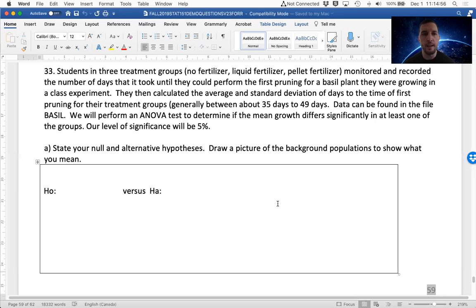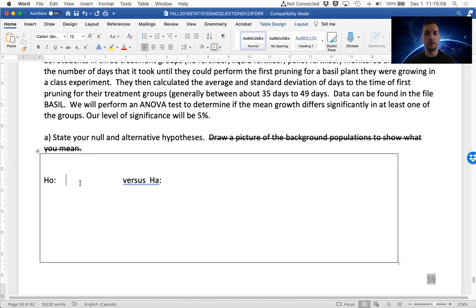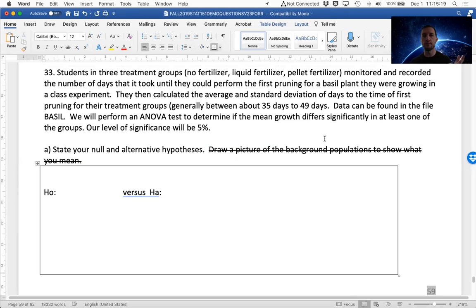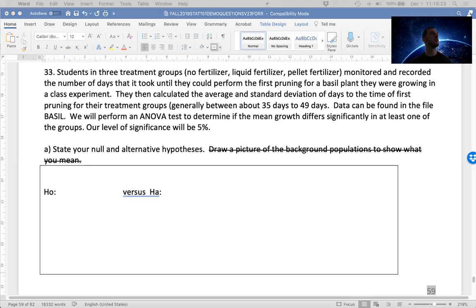Okay, state your null and alternative hypotheses, and then it asks you to draw a background of the population to show what you mean. So we're not going to worry about this part. We're just going to work through what we actually have studied directly. So state your null and alternative. The null hypothesis is equality across all means. So we have 3 different groups, which are no fertilizer, liquid fertilizer, and pellet fertilizer.